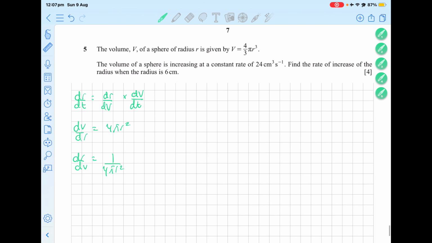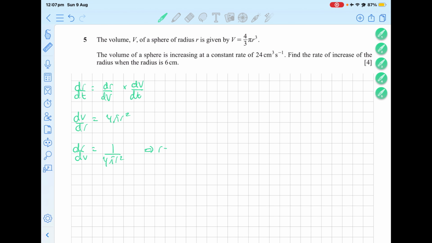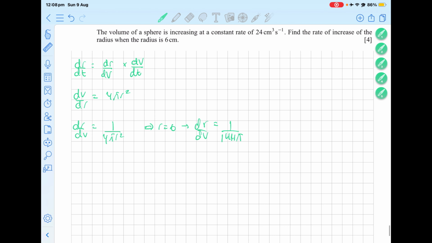Now when r is 6, dr by dV, sorry, I wrote it the other way around. So 6 squared is 36 into 4, so 1 over 144 pi, and then dV by dt is 24.